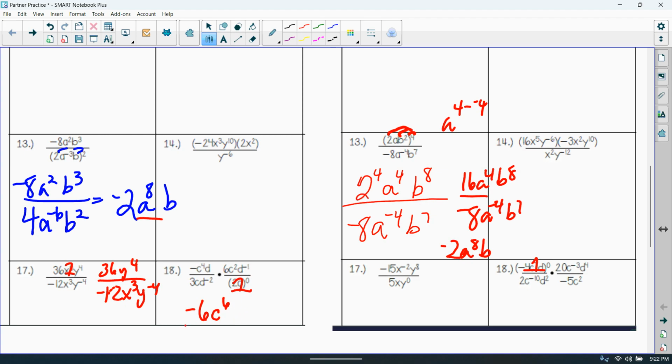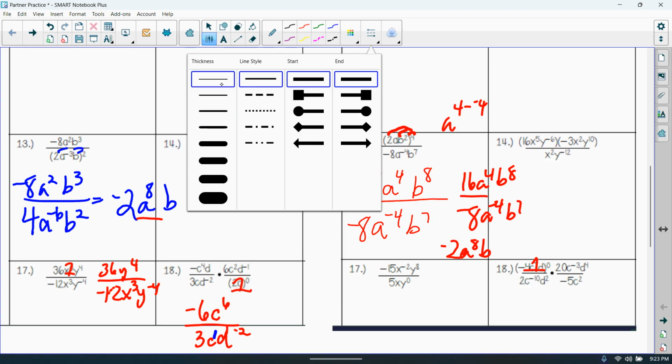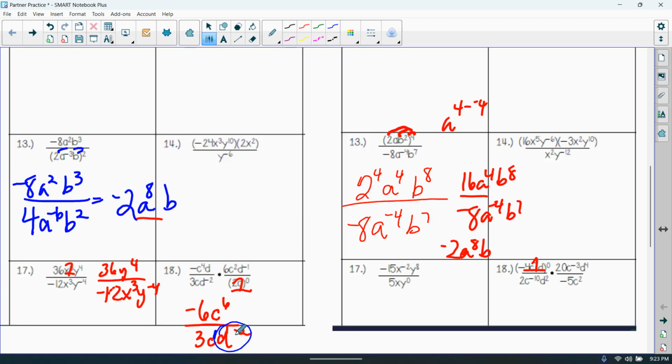And then on the bottom, we're multiplying, so that's just 3c d to the negative 2. And we can subtract the c's, but this d to the negative 2 is a negative exponent. I had to flip it, bring it to the top to do the reciprocal.